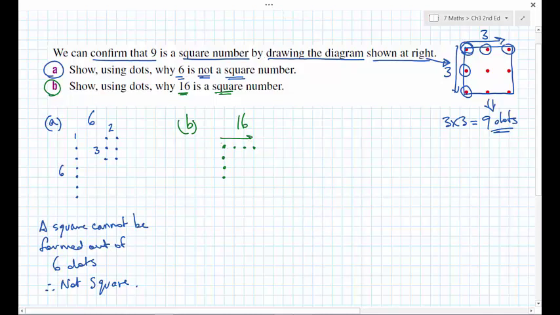So I've got 4 dots here, 4 dots here, and then if I fill that in with a 4 by 4, I've got 4 in this direction and 4 in that direction. I know 4 by 4 is 16, and if I look at these dots here, they form a square, and there's 16 dots in there.